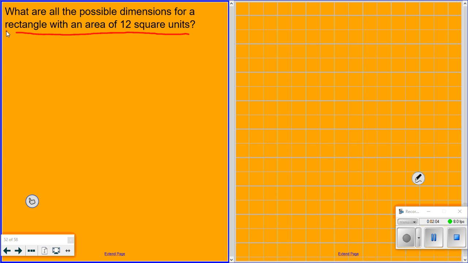Use your graph paper. See if you can come up with a rectangle that has 12 units. Notice I said rectangle, not a crazy shape. 12 squares on the inside. If you can come up with one and draw it in your notebook, give me a secret thumb.